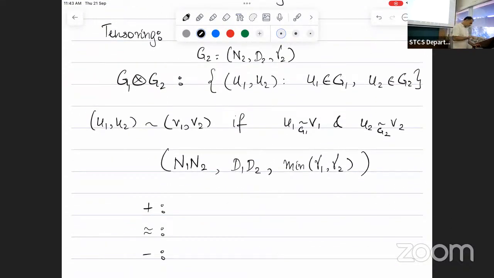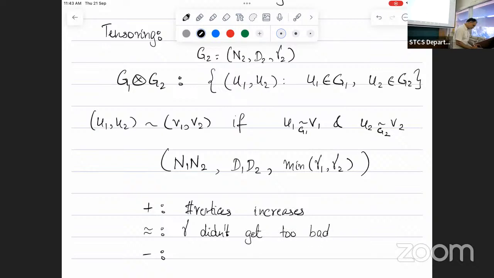So this operation has the nice property that the plus point is that the number of vertices increases, and gamma didn't get too bad. Whatever was the worst of the 2 graphs, now your larger graph has that spectral gap. But again, the negative is that the degree increases.